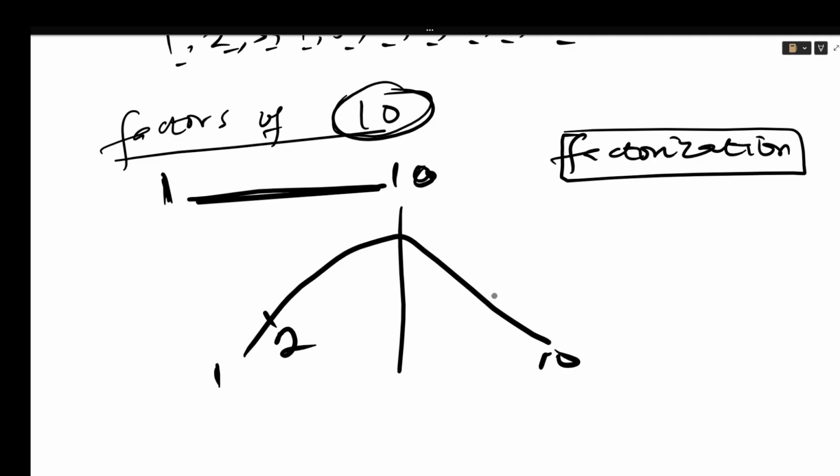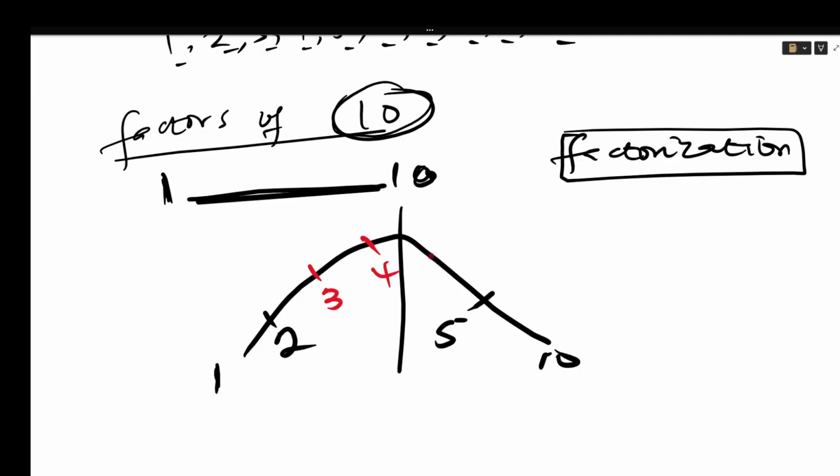So you can have on the other side of the hill 5. Right? So 1 times 10 gave us 10. 2 times 5 also gave us 10. That means we are listing slowly the factors of what? 10. 3 isn't. So I'll put that in red. 3 isn't. 4 isn't. So I'll put those in red.